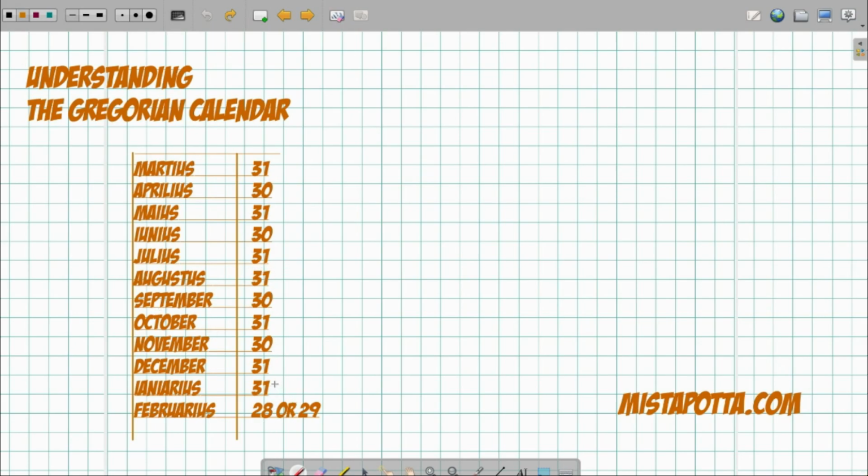But what we need to do is we need to make some changes. What we had done, the old Julian calendar, said that we had one leap year every 4 years. And this gives us 365.25. Remember that our sidereal year was 365.2422, which means this is too much.